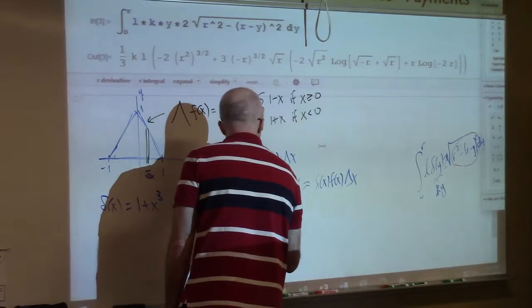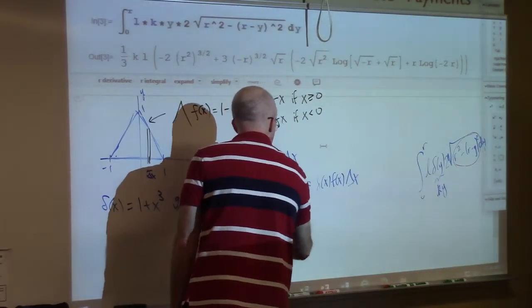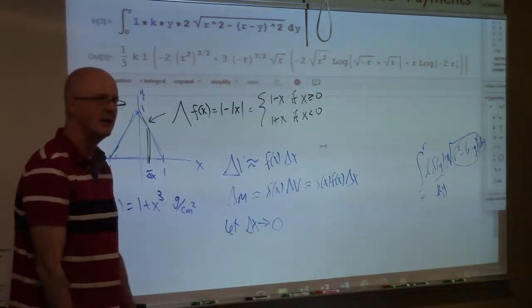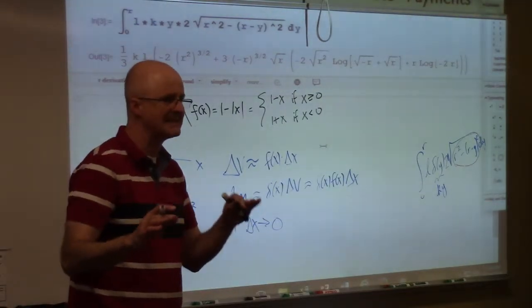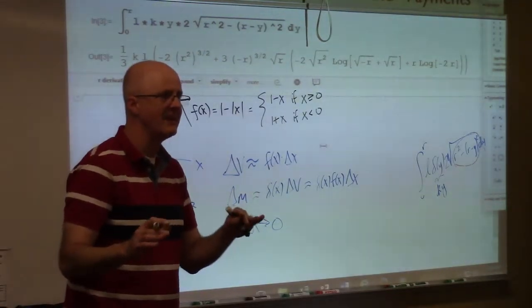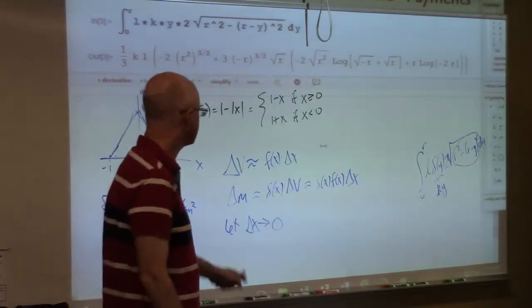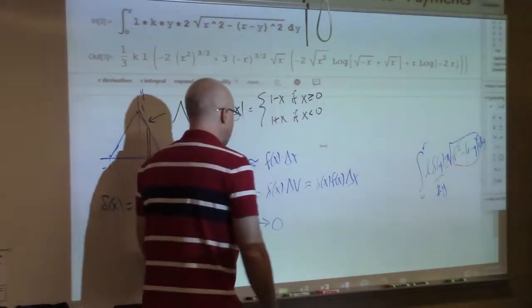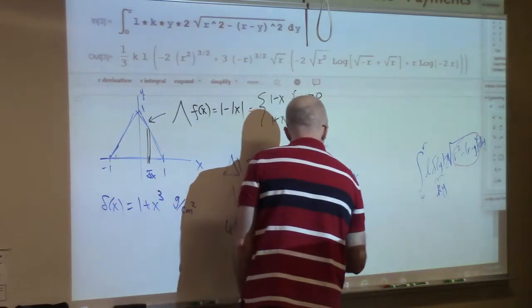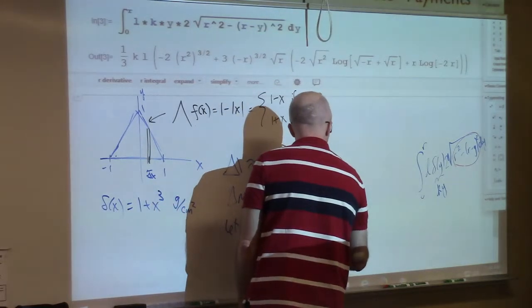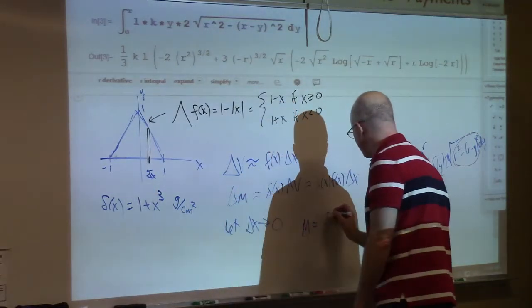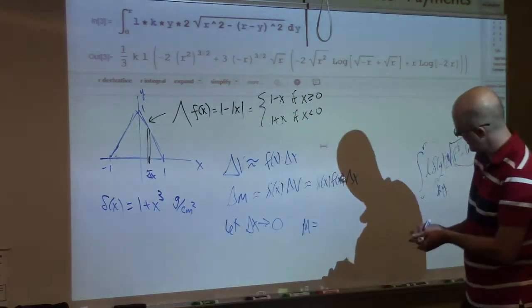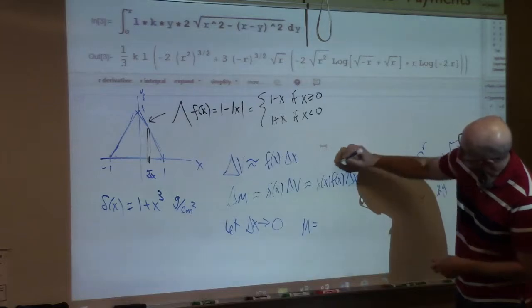Letting delta x go to 0 in that summation would really, again, it seems like magic. It's not magic. It can be rigorously derived when your functions are nice. Letting delta x go to 0 gives you the mass for the total thin slice, the total triangle here, to be an integral of this function.